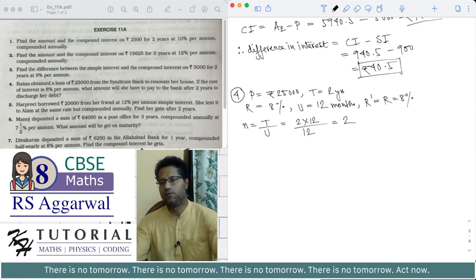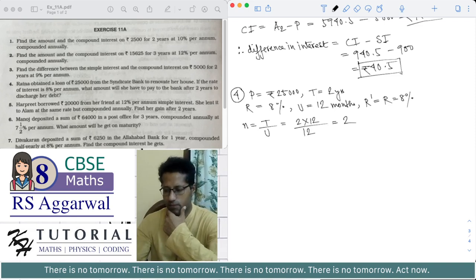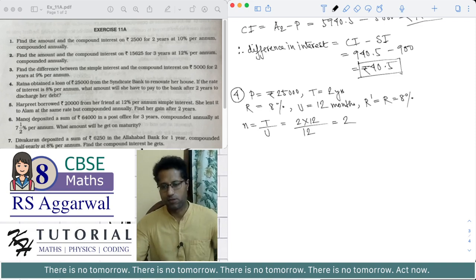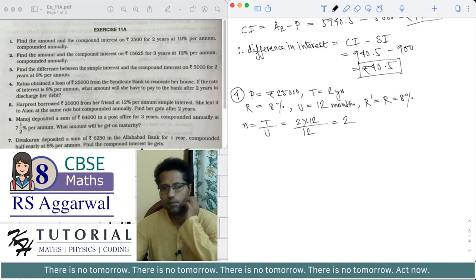Obviously, if the compound interest is calculated compounded annually, and the total time of the loan is 2 years, then the number of times the interest has to be calculated is 2. Okay, so now we have to find the amount. The amount she will have to pay to the bank after 2 years, that is the total amount.